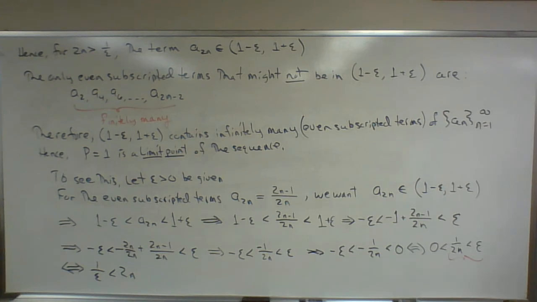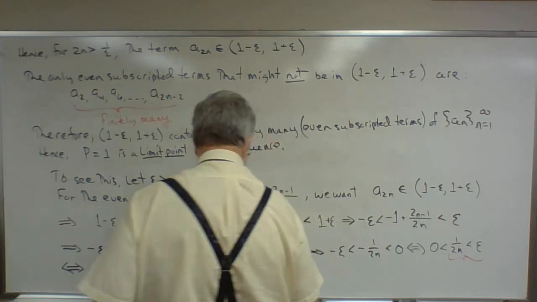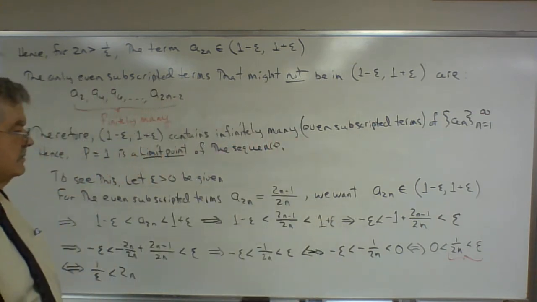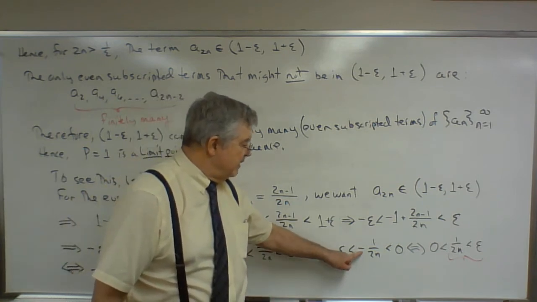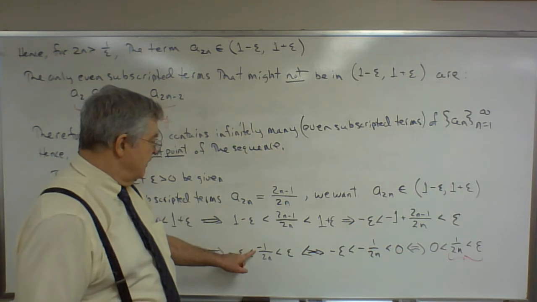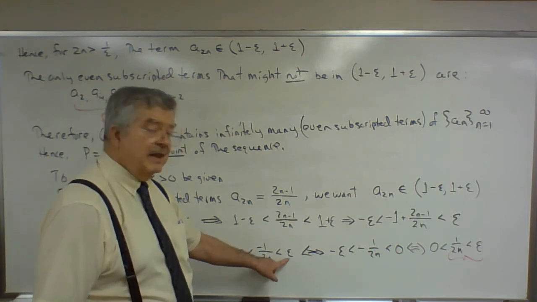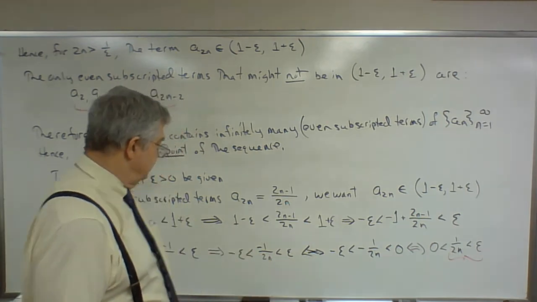And then I can multiply all three sides by -1, and that will give me this inequality. And then I can reason, since -1 over 2n is less than 0, -1 over 2n is also less than epsilon, since epsilon is positive and greater than 0.